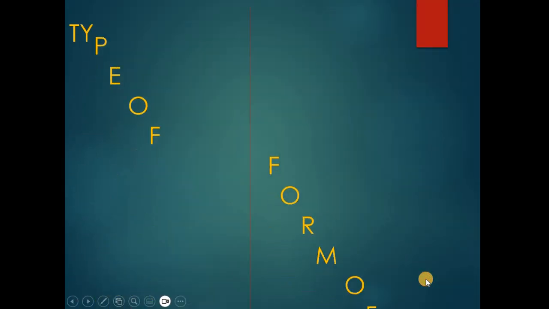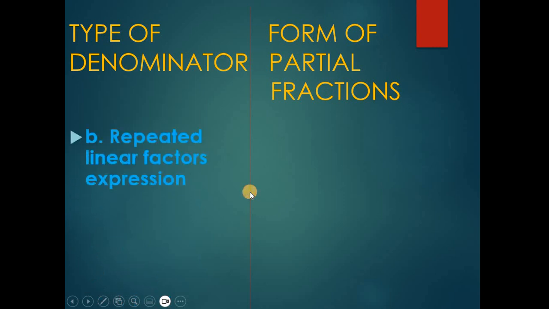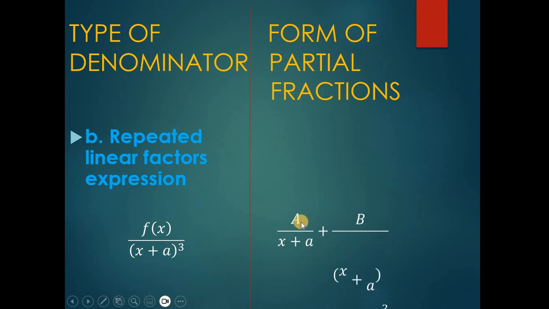If the denominator is a repeated linear factors expression of the form f of x over x plus a cubed, we are going to have partial fractions of the form A over x plus a plus B over x plus a squared plus C over x plus a cubed.